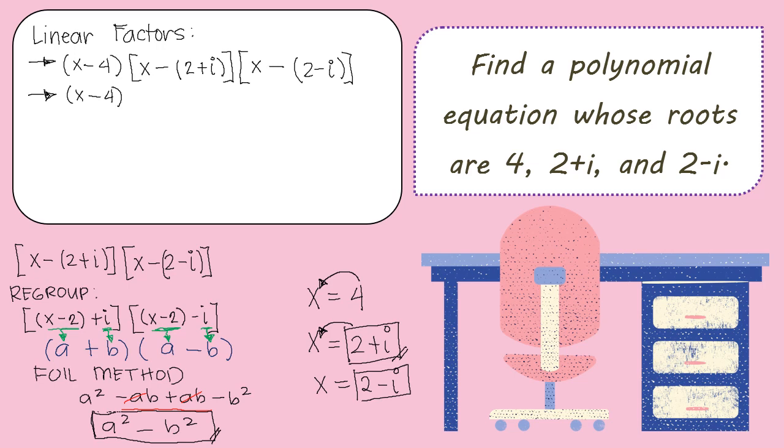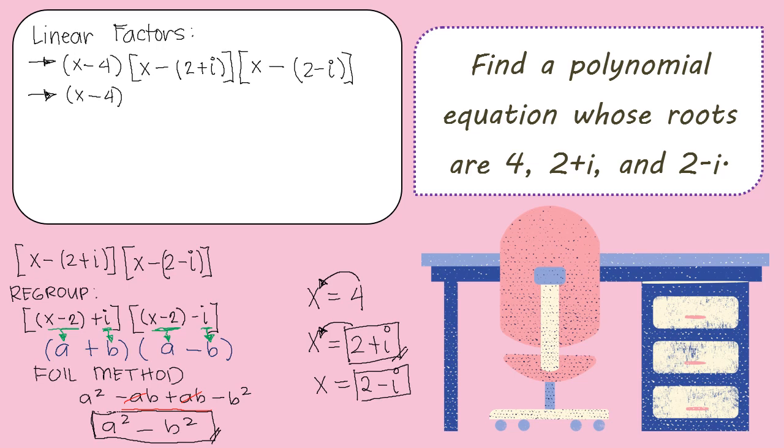Therefore, we can multiply this quantity x minus 2 plus i with quantity x minus i by using this pattern, the a squared minus b squared. Therefore, we can simply square the first term or the letter a and square the second term or the letter b and proceed with difference. It is difference of two squares.